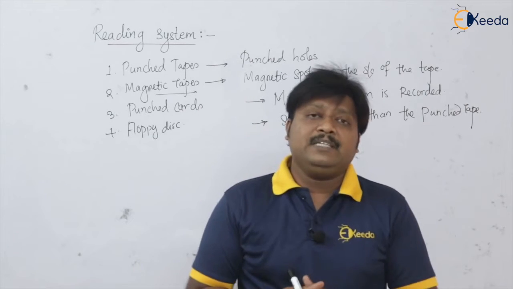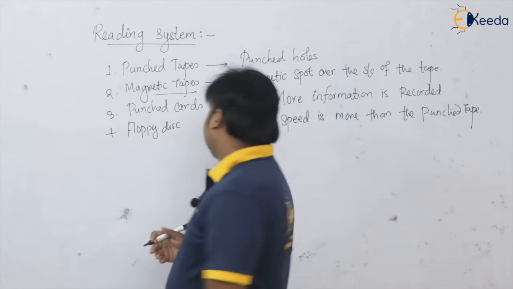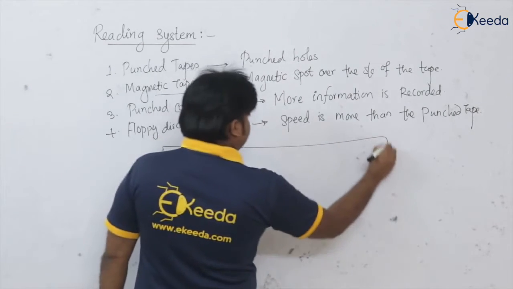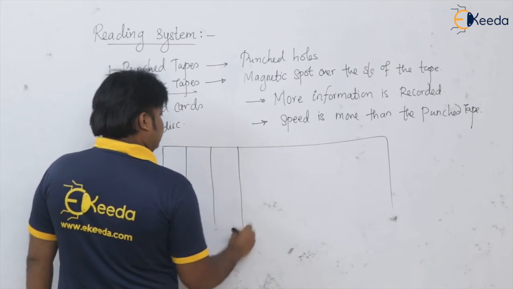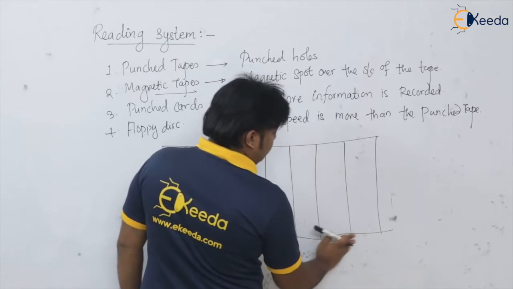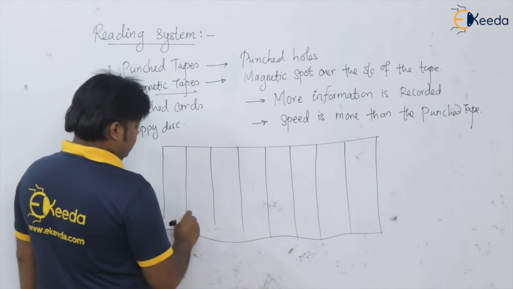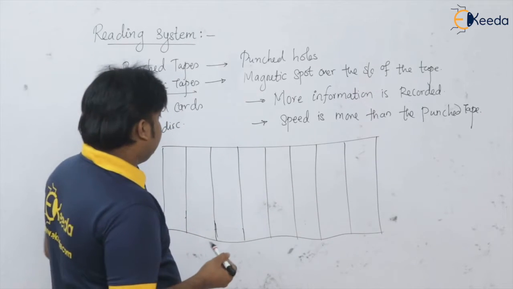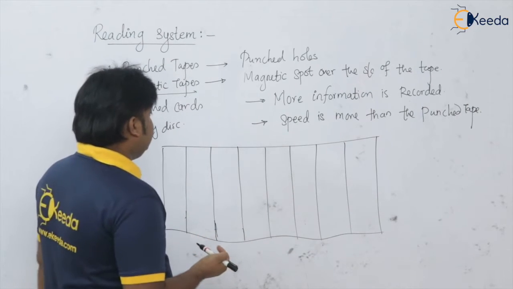This punch tape actually has 8 tracks. For example, if you draw the punch tape here, it has 8 tracks. As we know the word format for programming starts with the sequence, then the coordinate information, then the values of their coordinates.